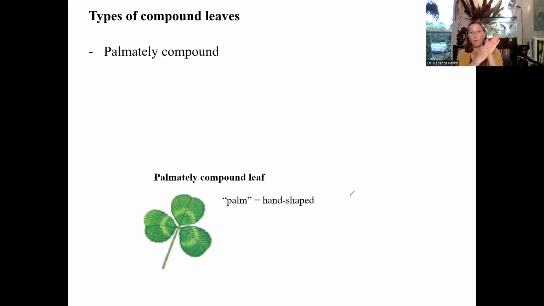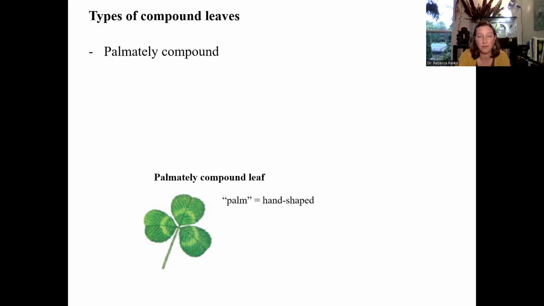So if my palm was one central location, then these fingers are all coming out of that palm, right? And so likewise, here is the petiole, here is the one central location, and then you have a leaflet here, a leaflet here, a leaflet here. That's why it's called palmately shaped, right? If we add 2 more fingers, then there you go. Palmately compound, I should say.